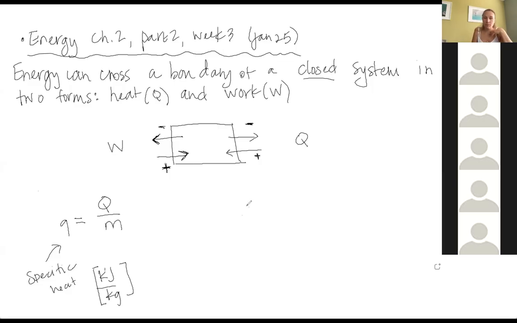We can also have specific work, which is a lowercase w. It's equal to total work over mass.